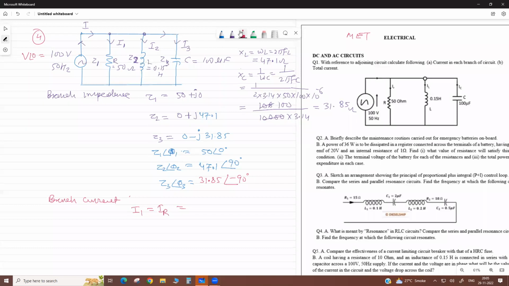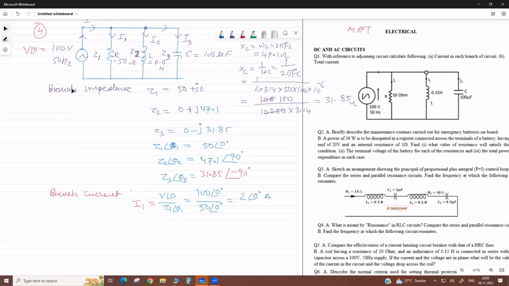I1 means your supply voltage, because voltage across each is the same, divided by Z1 angle theta 1. It means 100 angle 0 divided by 50 angle 0. In division you subtract the angles. 100 by 50 comes 2 ampere, angle is 0 degree.